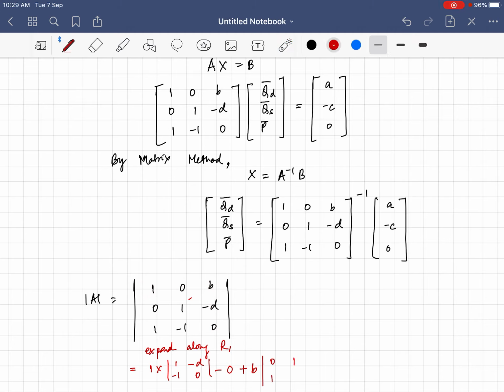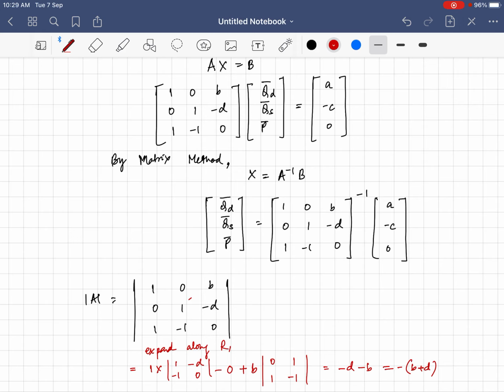If I expand this, you get minus D, and this one is coming out to be minus B. If I cross multiply, this thing is 0, and minus of minus D into minus 1 is minus of plus D, so you have minus D. And B into, this is again 0, and minus of 1 into 1, so minus B. That is equal to minus B plus D. So this is my determinant of A.